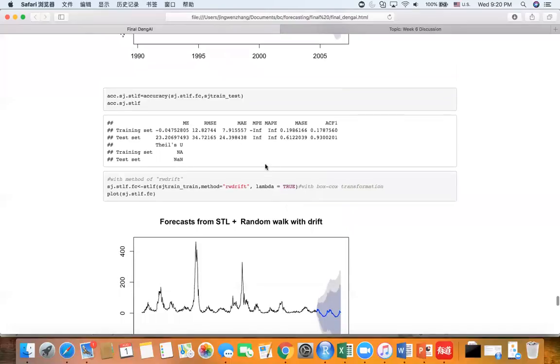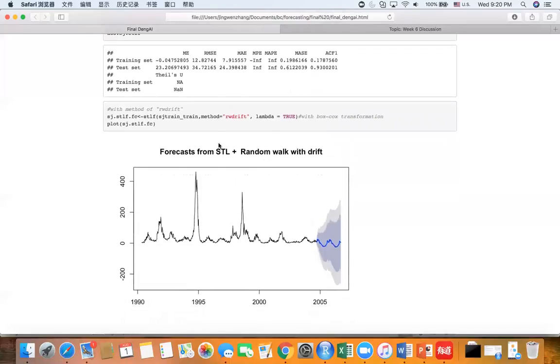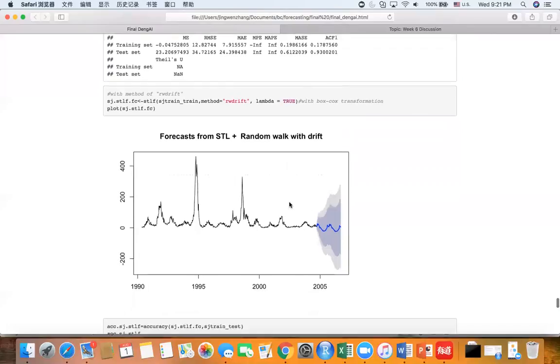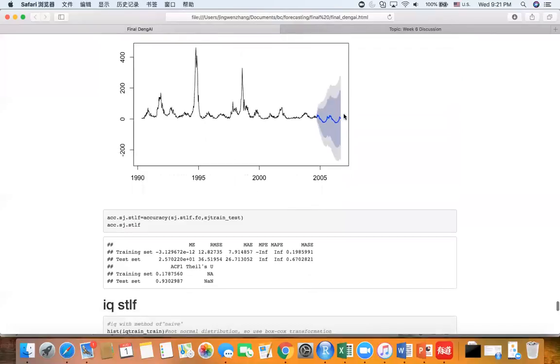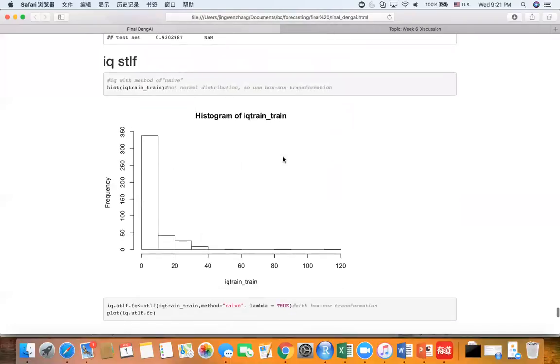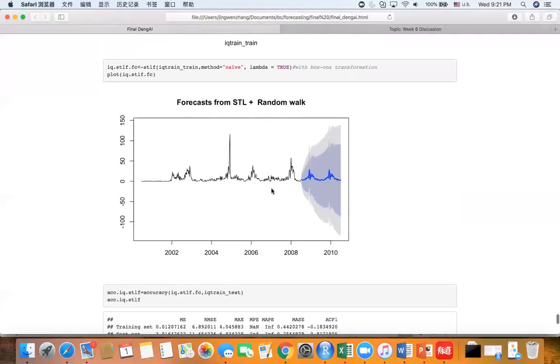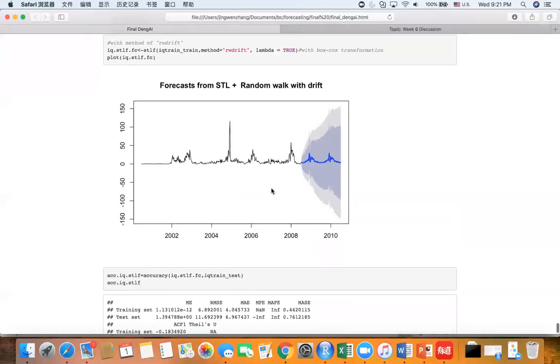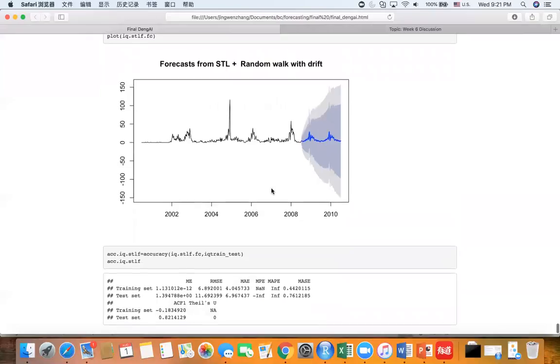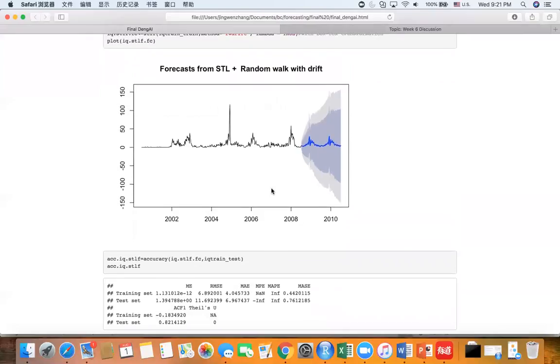And then the second one was the same, STLF, but this time was random walk with drift, and still adding the Box-Cox transformation. It looks like no difference to the naive one. And then do the same thing again for EQUATOS. Looks good to me, the random walk, the naive one, and also the one with drift. And that's it for the model building.